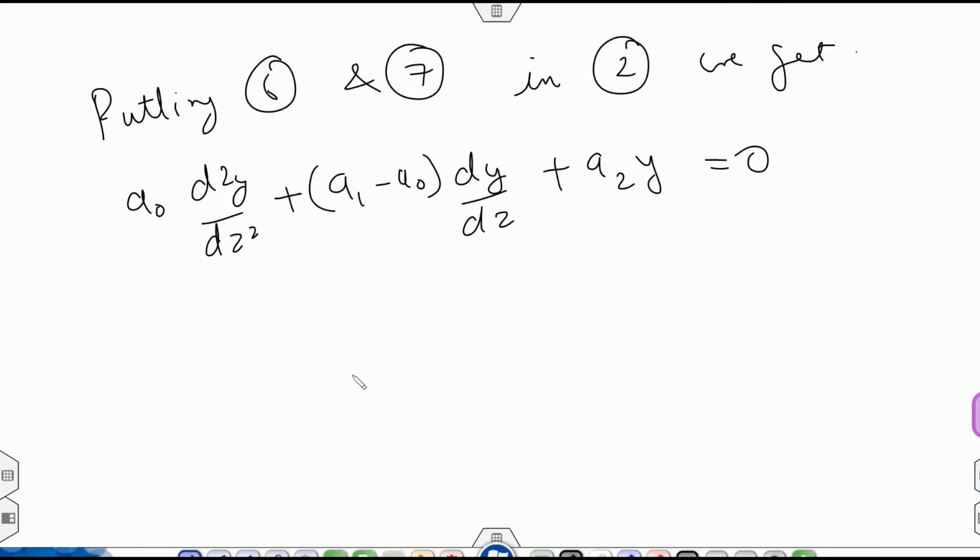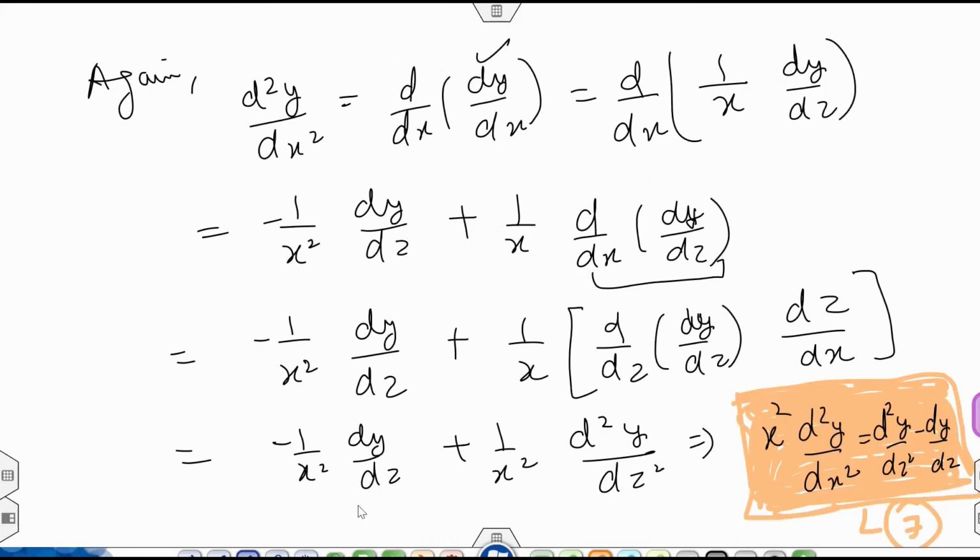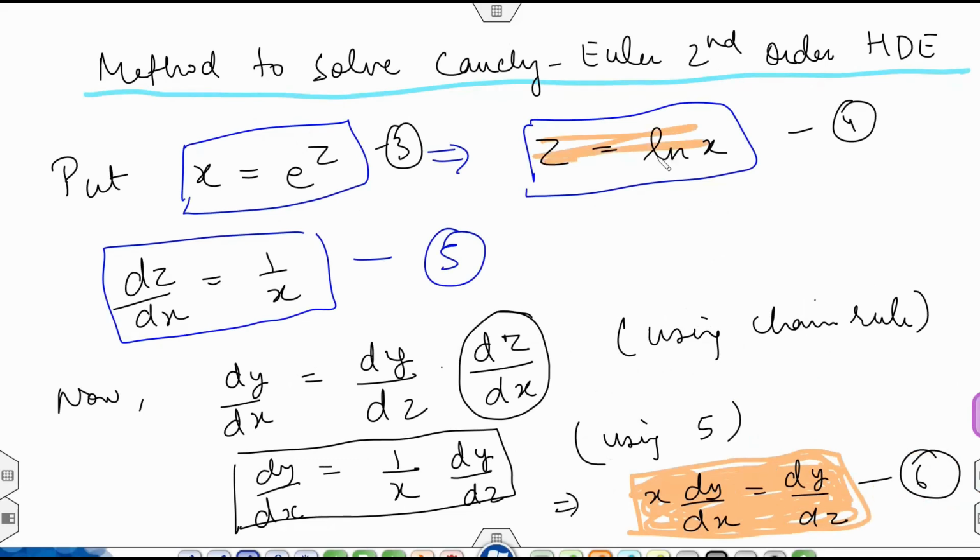Here you can see that the independent variable has changed to z from x. So your solution, firstly you will write in the form of z, and in the place of z at the end you will replace this substitution. We will make this clearer with the help of a few examples. So let us do a few examples.